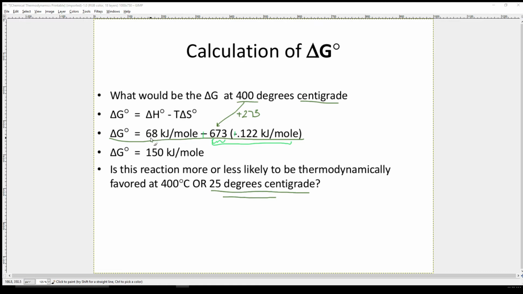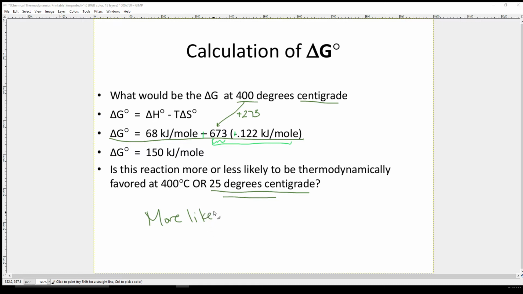So instead of adding a really big number like 673 times 0.122, we'll be adding a much smaller number, 25 plus 273 times whatever. If we're adding a much smaller number, is it going to be more or less likely to be thermodynamically favored? It would be more likely.